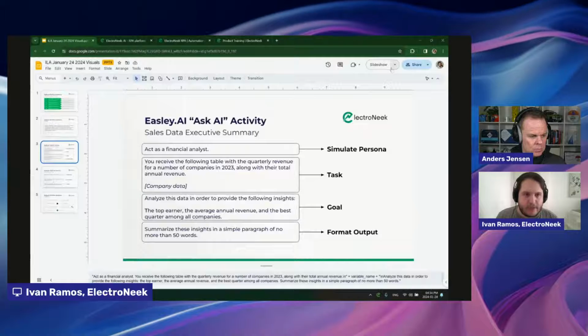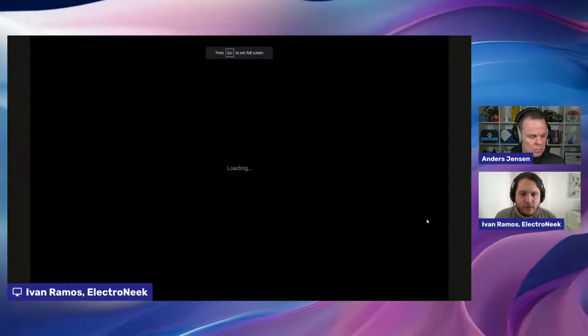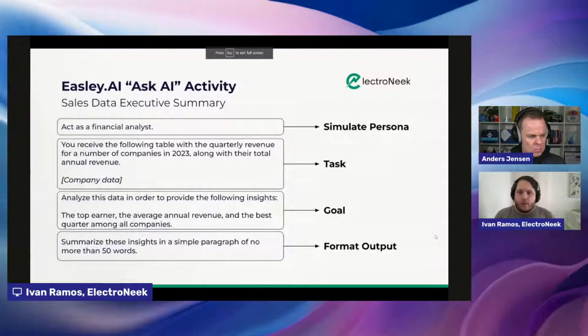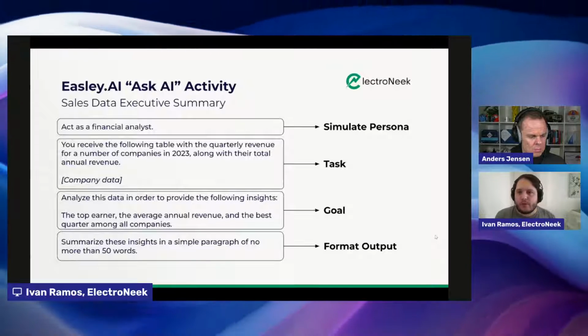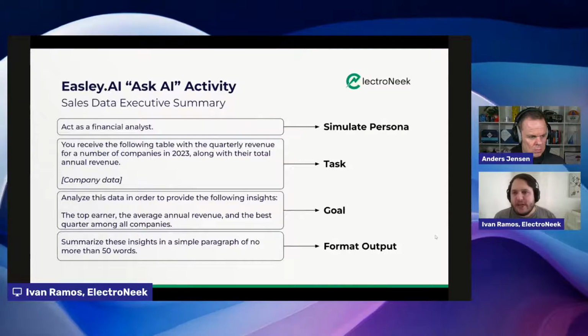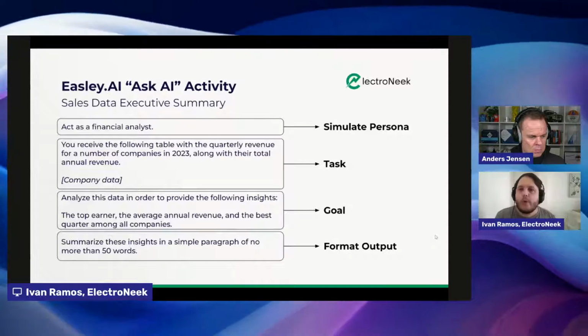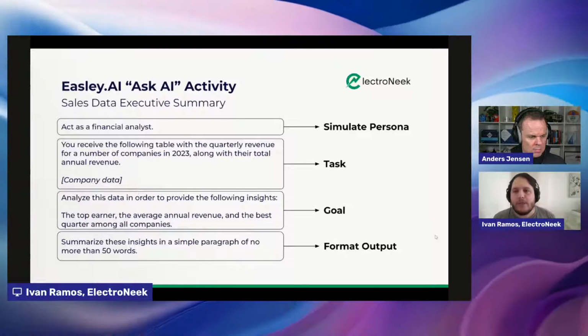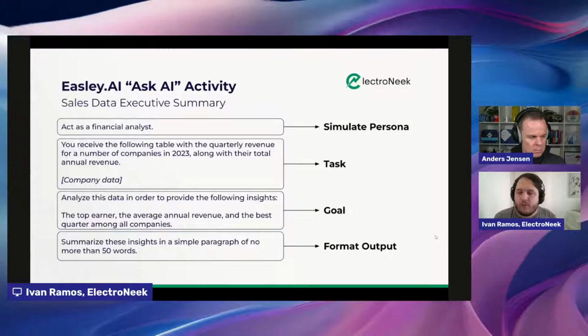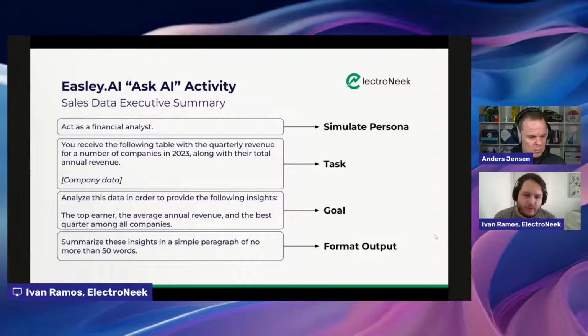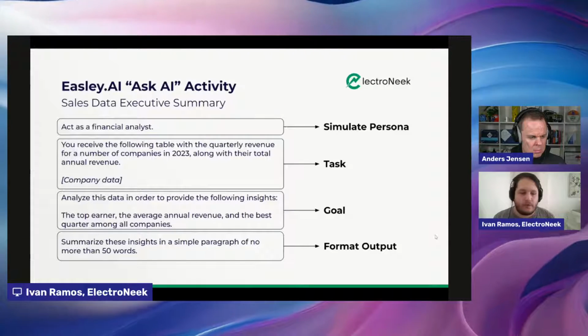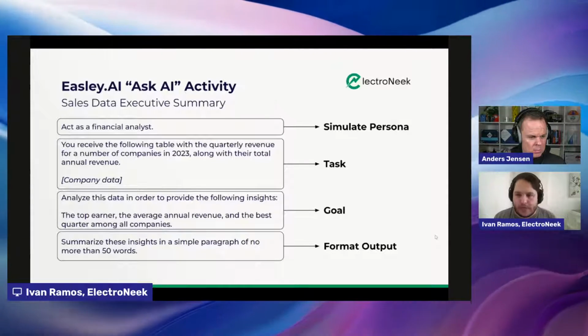Usually we recommend a structure similar to this one, where you first tell the AI to simulate a persona. In this case, a financial analyst, of course, who would do this task. Then the task itself, we explain that you receive a table with the following data with quarterly revenue for some companies and their total annual revenue.